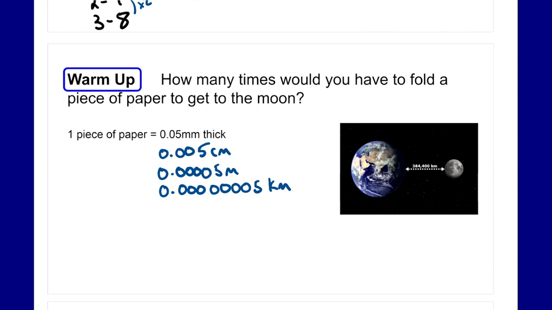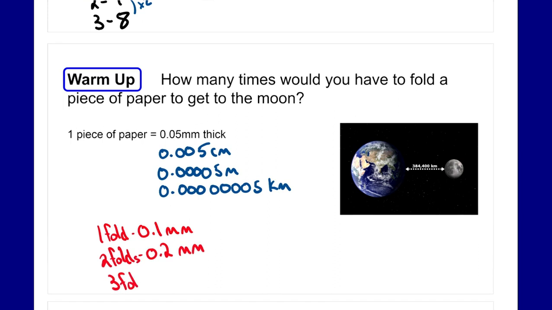So using that information, can you figure out how many times we would have to fold a piece of paper in half to get to the moon? To help you out, one fold makes it 0.1 millimeters thick. Two folds would be 0.2 millimeters thick.